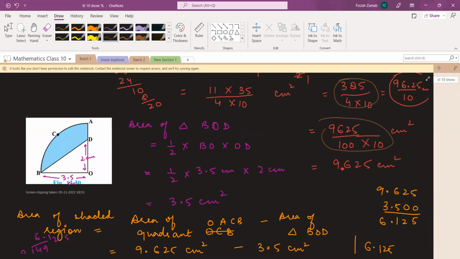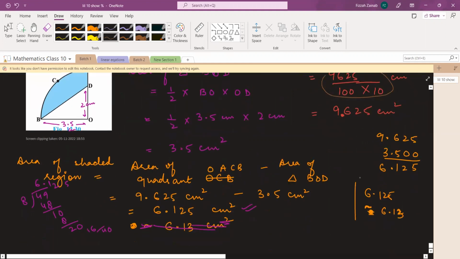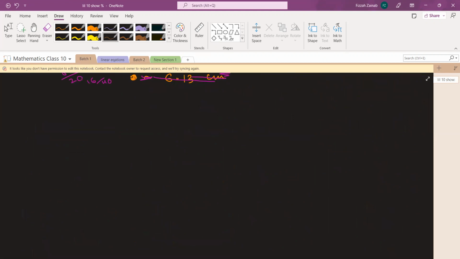Instead of converting it into decimal, I can just keep it in fraction. Is that okay? And then I'll get it in fraction. Clear? Both are correct. Okay, next question now.